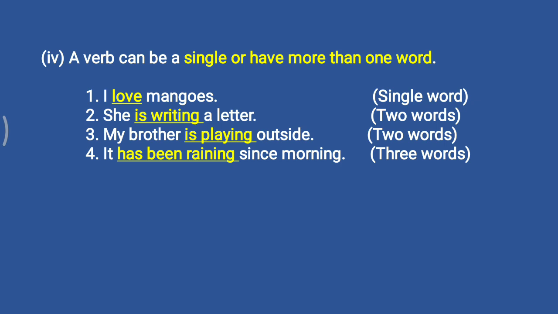My brother is playing outside. Again two words are verbs, that are is and playing. It has been raining since morning. Here three words are verbs. Those are has, been and raining.